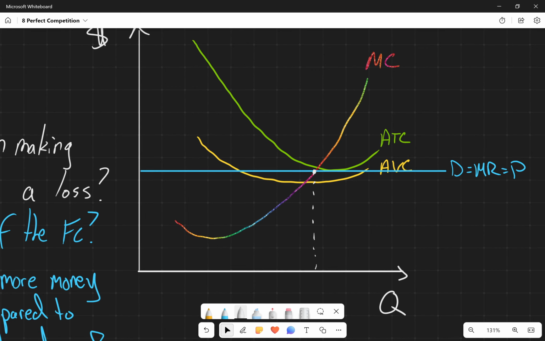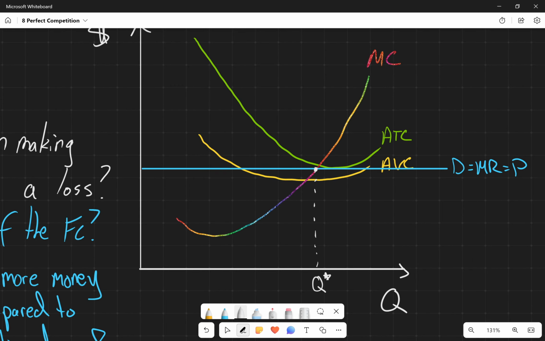We would drop down our Q star. Then we would go up to our total cost, not very far to go, and calculate that amount of loss that we're making. And in this particular scenario, the amount of loss that we're making is very minute, right? We can see that. It's hard for me to even graph the rectangle of it. Very minute.